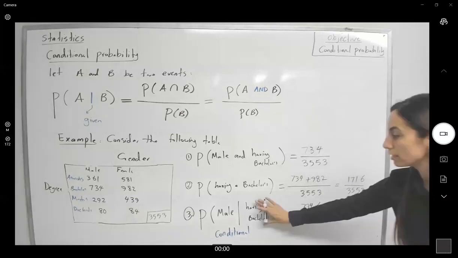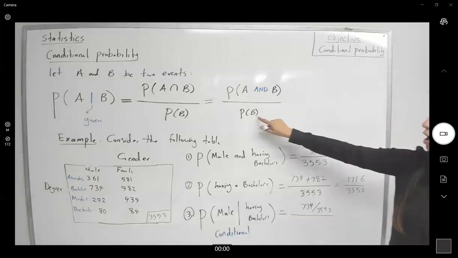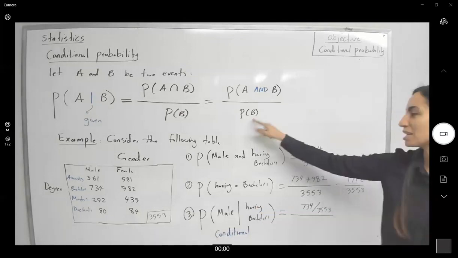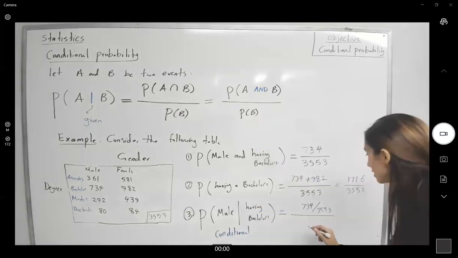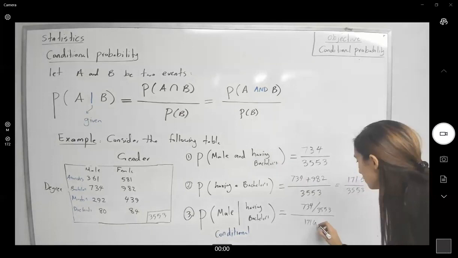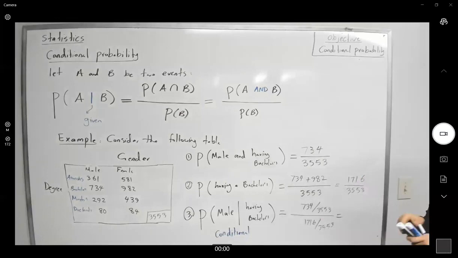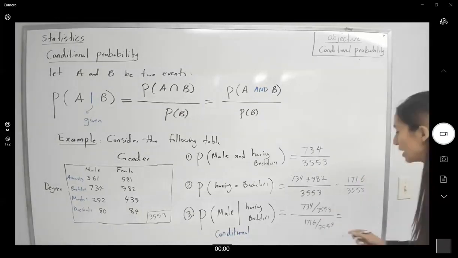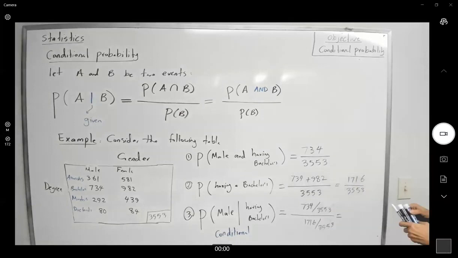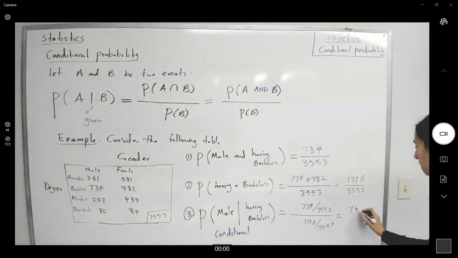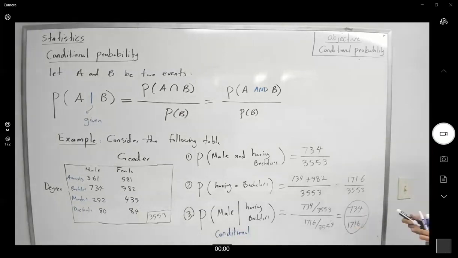On the denominator, you're going to have the probability of people who just have a bachelor's degree, which is 1716 divided by 3553. You can simplify this by getting rid of the same denominator, so you get 734 divided by 1716. You can convert that into a percentage by dividing these two and get the percent based on the question that is asked.